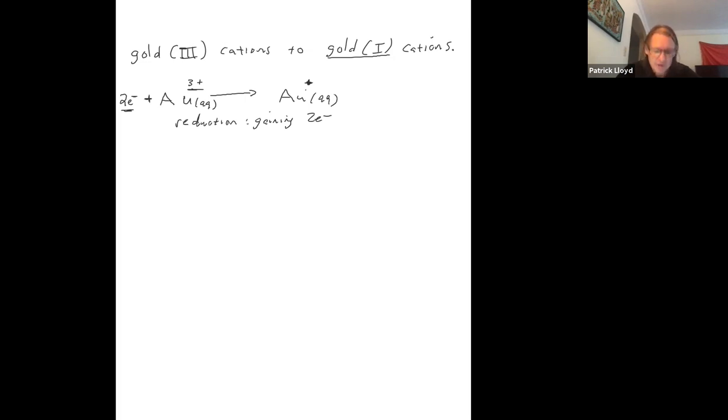Oh, that's interesting. Okay, so this one is going from aqueous chromium 3 to aqueous chromium 4.